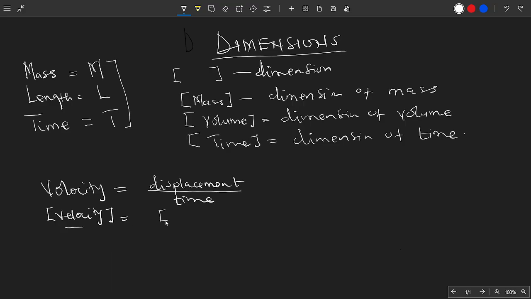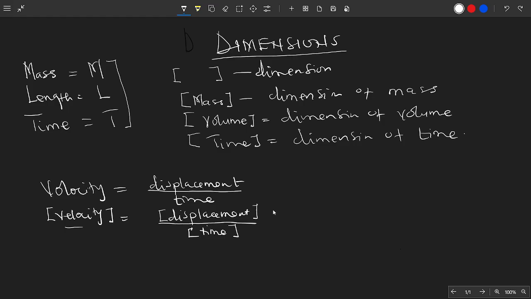So this is going to be the dimension of displacement divided by the dimension of time. Now, what is this displacement that we are talking about?